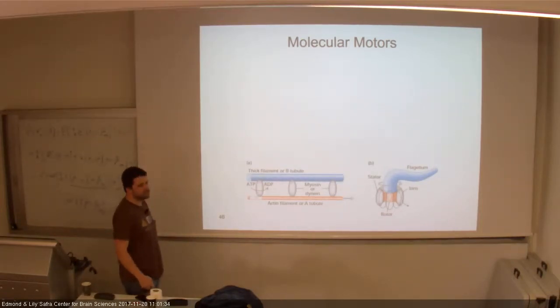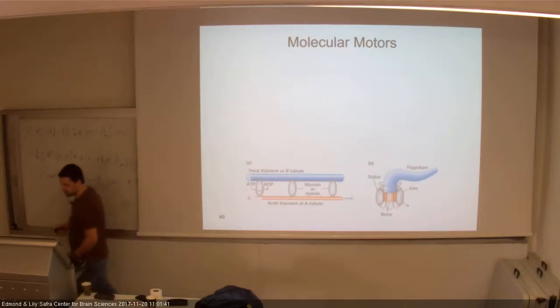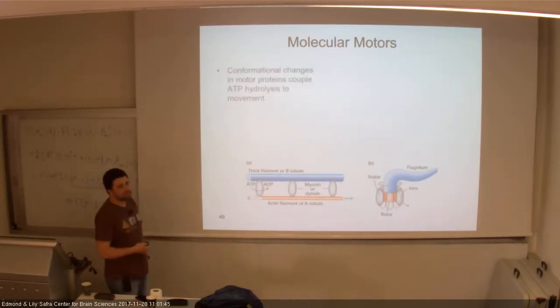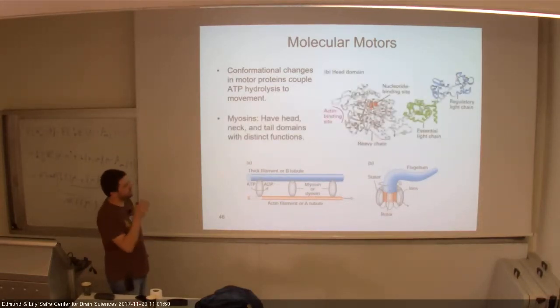So, last time, actually, when I went over it this time, I realized we didn't do so much last time. But what we did do is we started talking about molecular motors, and we went into two examples of molecular motors.